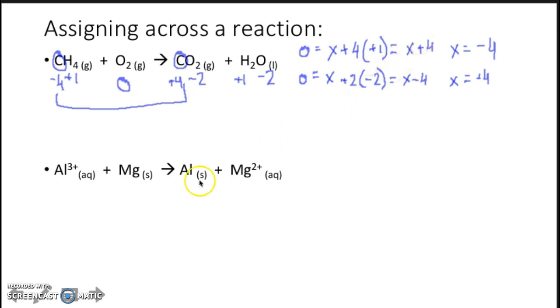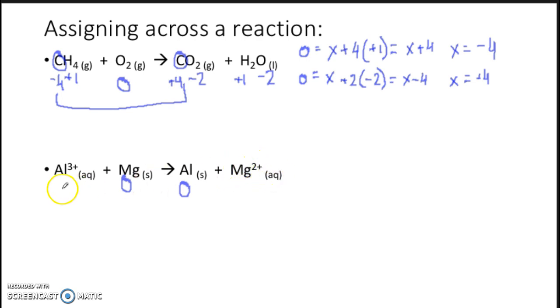So another example. In this example, we'll do the same thing. Go down your list. Do I have any elements by themselves? I do. Magnesium metal is a solid. That's an element by itself. I'll assign it as 0. Aluminum metal by itself, I will assign it as 0. Not the same as these guys over here, but these follow under that second rule. They are ions.